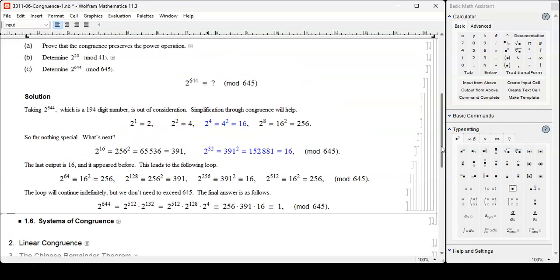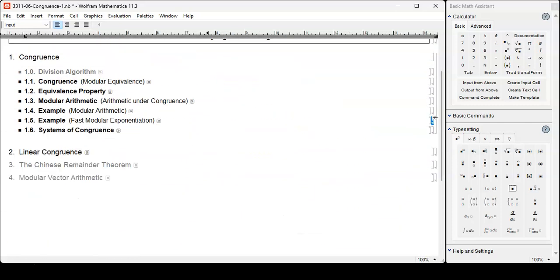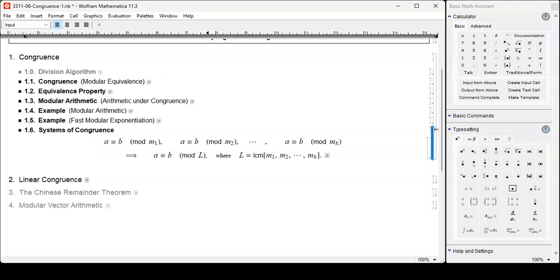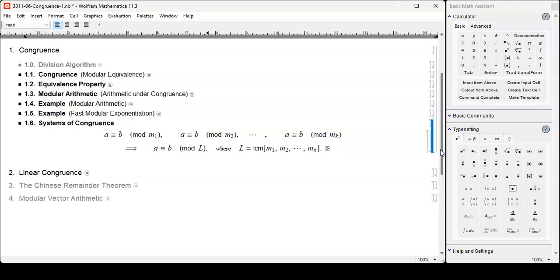Okay, alright, so much for that example. Very computation heavy. Let me comment on the last one here. If you have a system of congruences with different moduli, mod M1, mod M2, mod M3, and so on up to mod Mk, then A and B are congruent mod L, where L is the LCM.